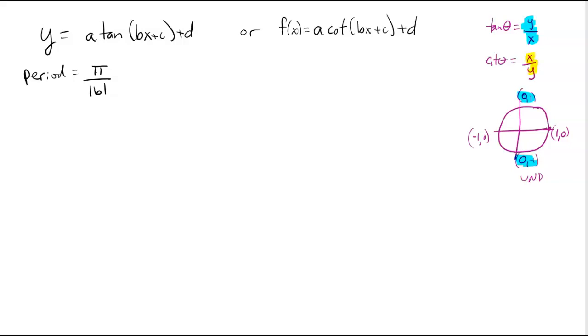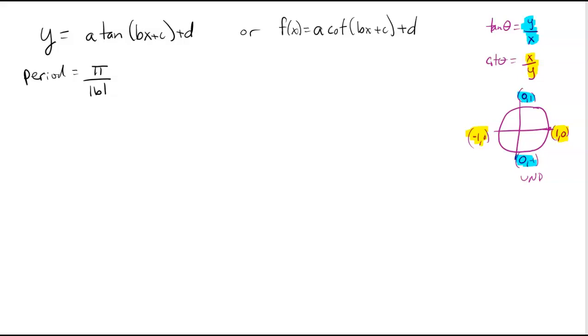Whereas cotangent has the y in the denominator, so it follows the x-axis. Anything on the x-axis for cotangent ends up being undefined as well. So, things to think about.